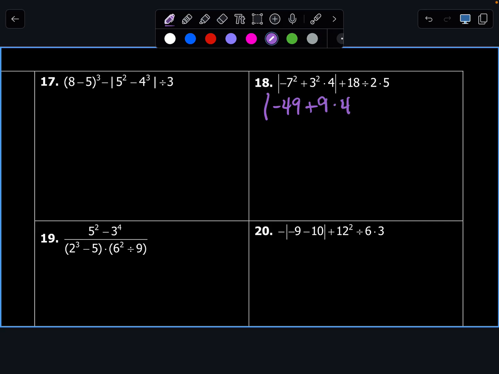9 times 4, absolute value, plus 18 divided by 2 times 5. I know writing all the steps may seem kind of tedious, but it just helps make sure you don't make a mistake, okay? Now what? Which is? Plus negative 49, what do we get? Negative 13, but it's in absolute value, so what is that? 13.